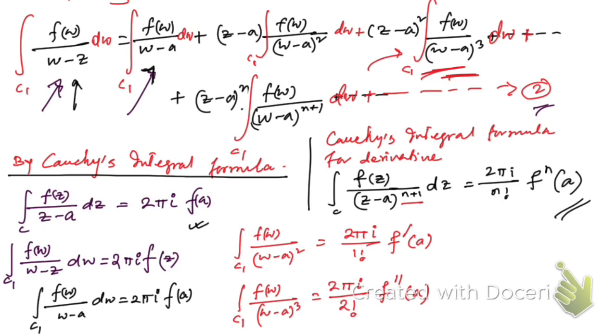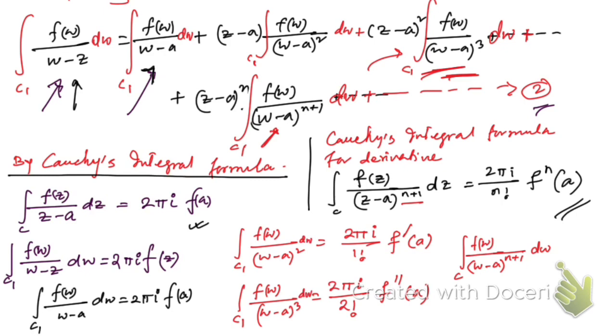Similarly, this is going to be equal to this one, integration along c1 f of w by (w minus a) whole to the power n plus 1 dw. Sorry, I forgot to write dw here. Let me write here dw. So here also dw.